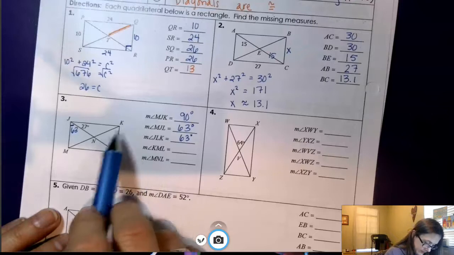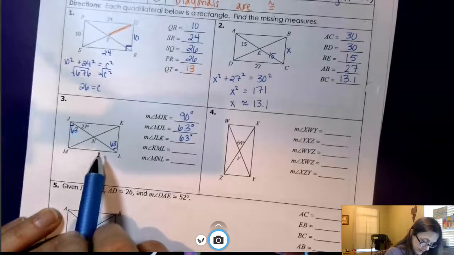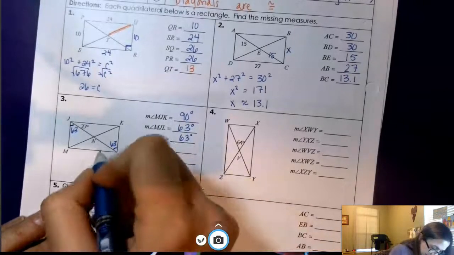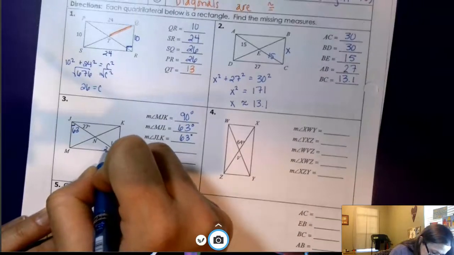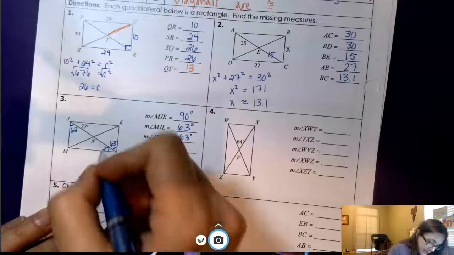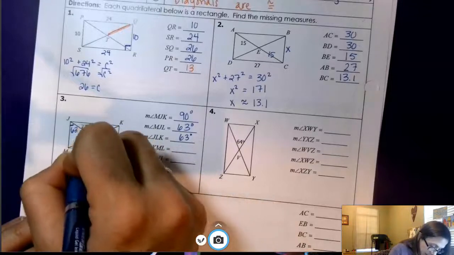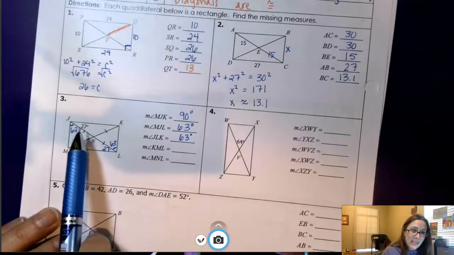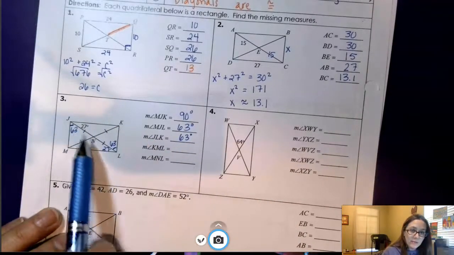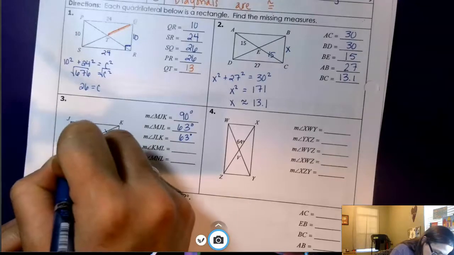KML. Now again, if that's 63, and this is 27, and if I think of this, these are all the same, that makes these isosceles triangles. So if this right here is 63, this over here has to be 63.